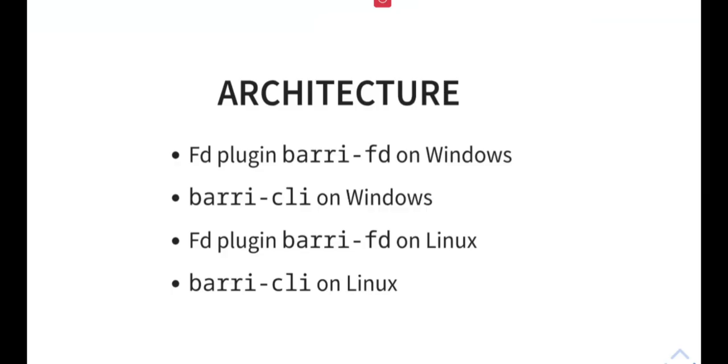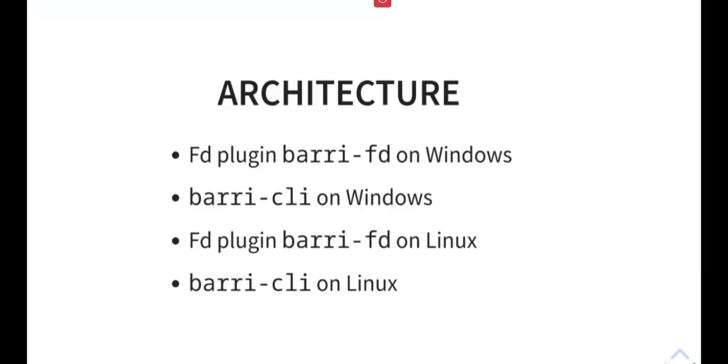So yeah, how is the architecture? It has 4 components. The most important part is the FD plugin that can be loaded into the file daemon on Windows, and as I already said, it can create a disaster recovery backup just like any other backup while the Windows machine is running. Then there's also a command line tool for Windows that can do backups and restores.